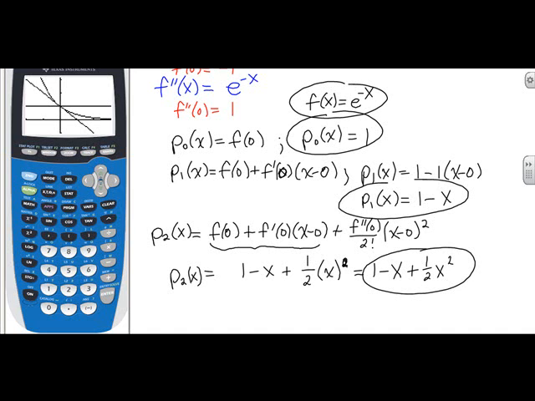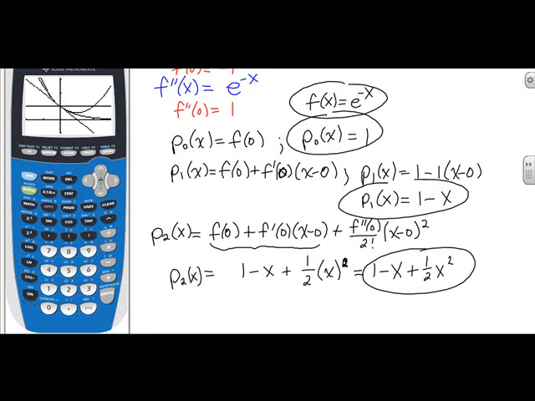If we look at our quadratic function, we see that that curve fits the curve better.